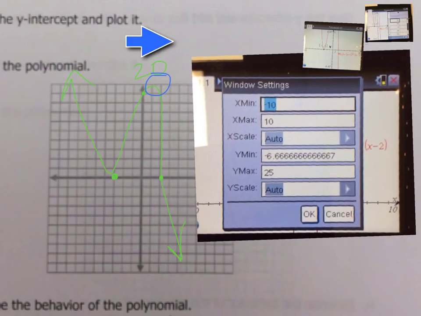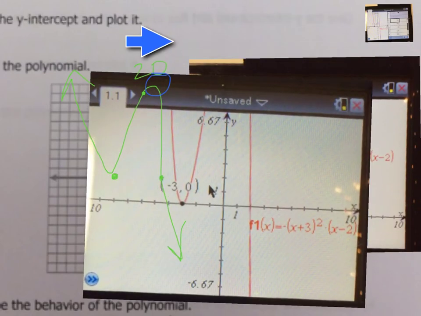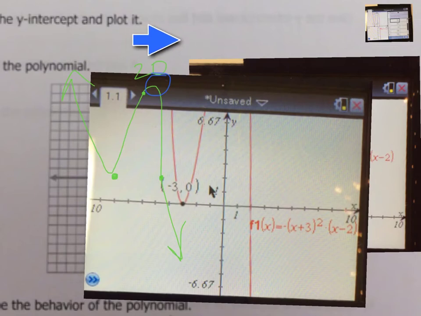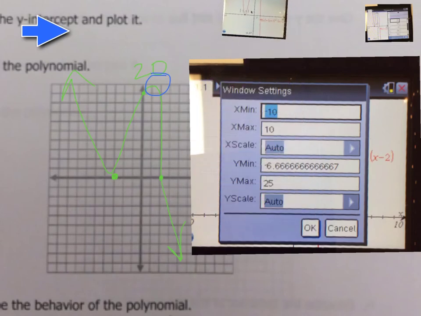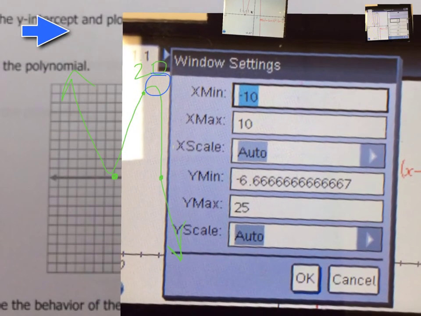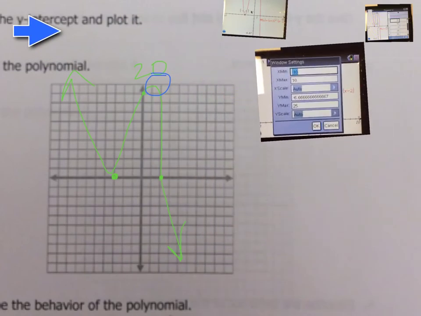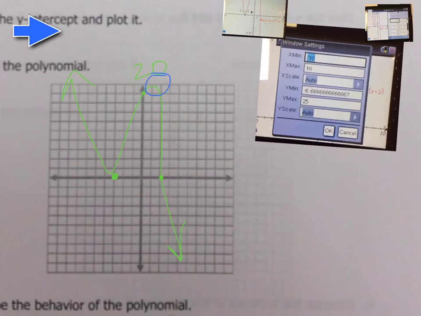Next, I needed to change my window because as you can see here, I can't see my top point that would be coming up right above here. So I need more y values, positive y's that is. So I changed my window so that I had a maximum of 25 in my y value. And by doing that, I then got the following graph.